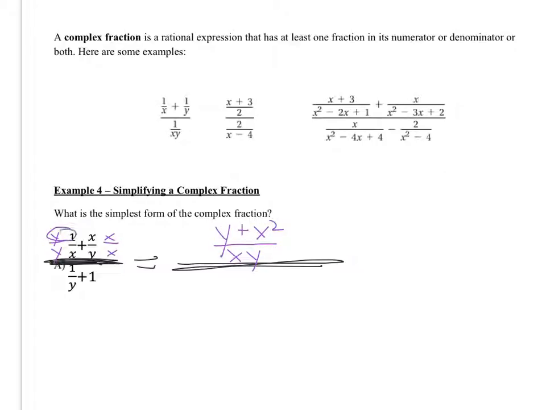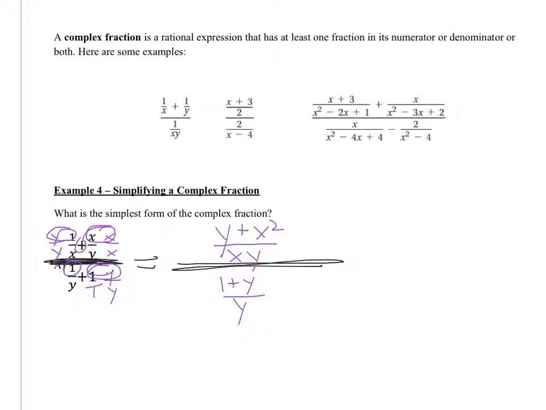This was where the y came from, plus x times x is x squared. On bottom, this is like 1 over 1, so my common denominator would be y. So on bottom would be y. This becomes y, so this would be 1 plus y. So first you had to combine the top, then the bottom.